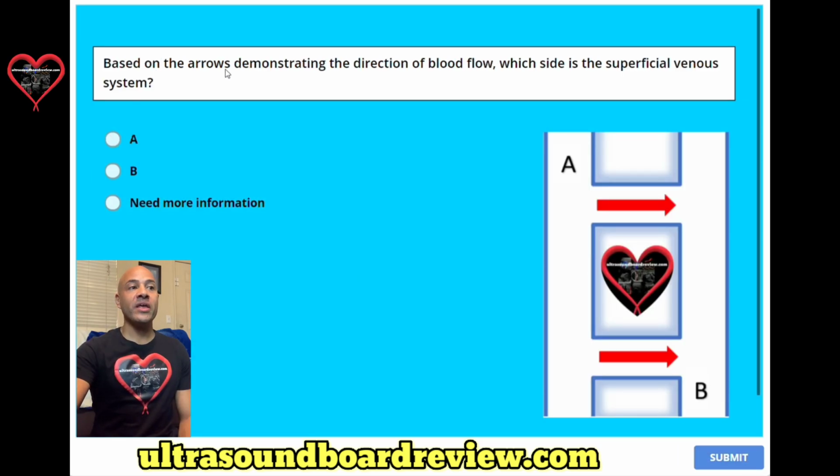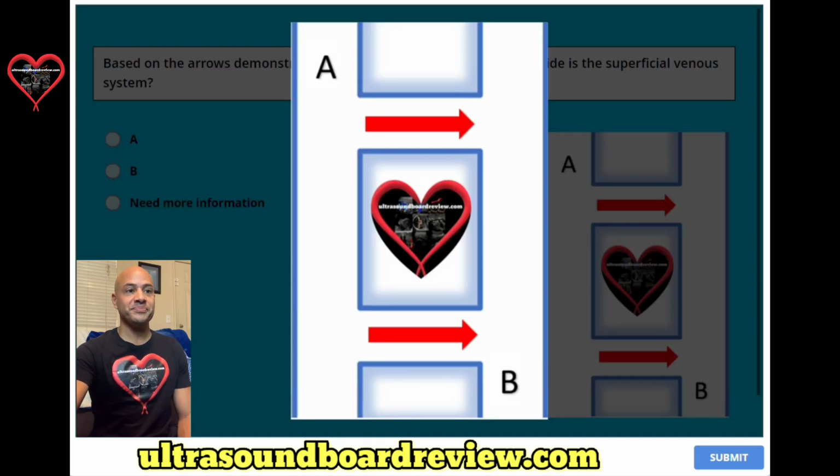Question 90. Based on the arrows demonstrating the direction of blood flow, which side is the superficial venous system? A, B, or need more information? Now, regarding the direction of blood flow, this isn't something where we need a color box and a scale.